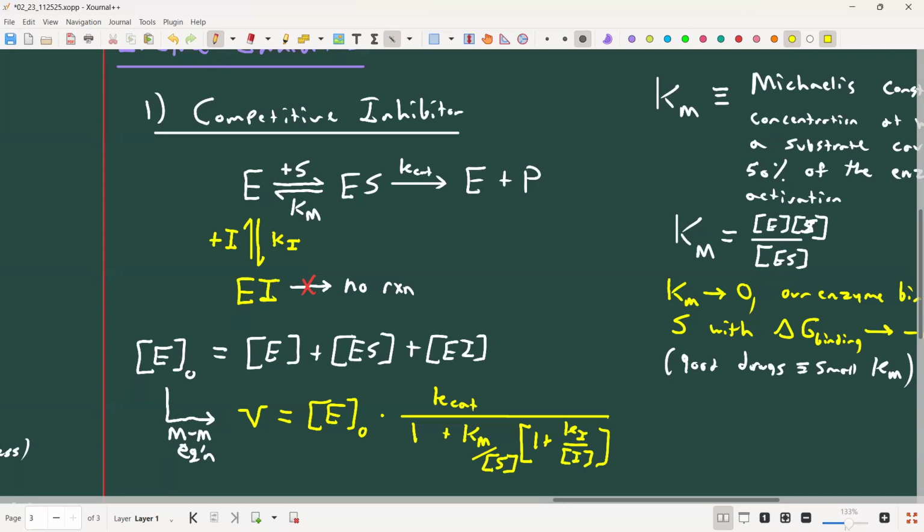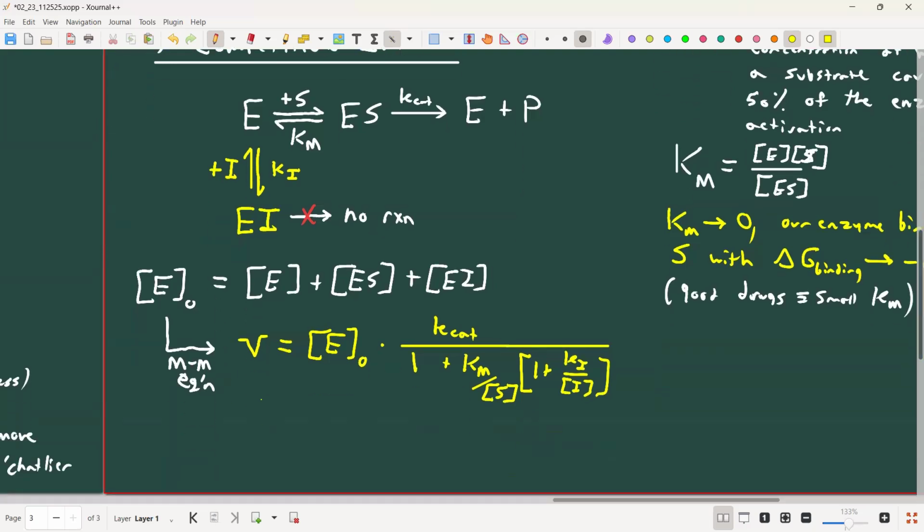If Ki is 0, for instance, there's no inhibition, then this disappears, and we get back to the original equation. But if Ki is non-zero, this term becomes positive, greater than 1. This becomes larger, so this denominator now grows, and the rate slows.